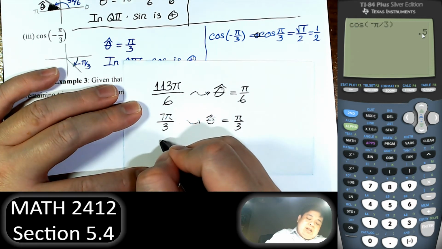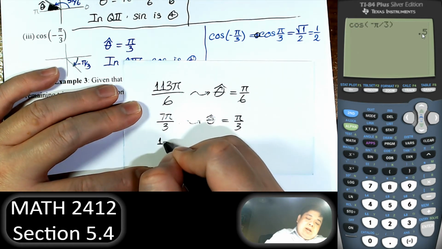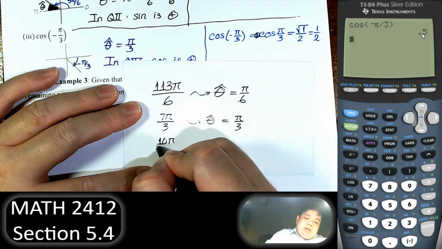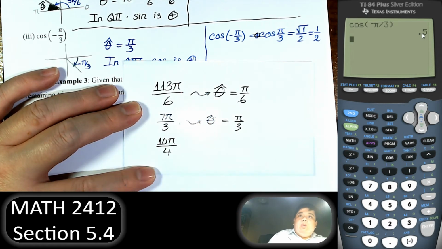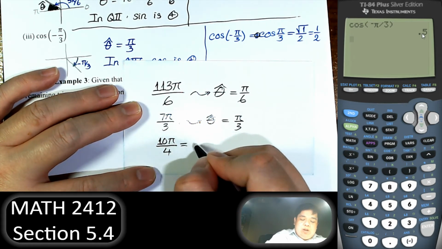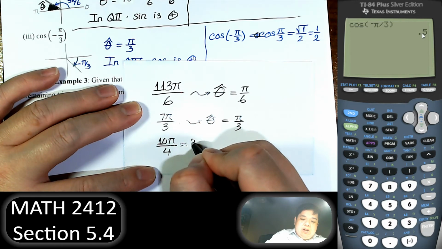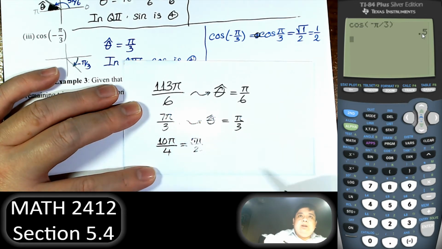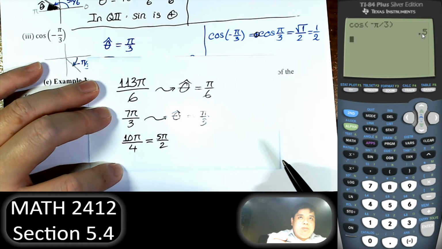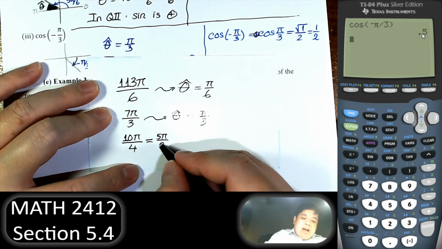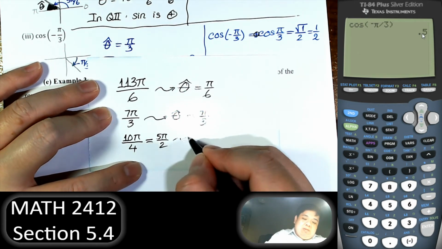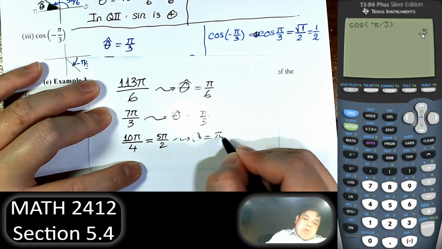If you have like 10 pi over 4, well, that's not it, right? We have to reduce. In that case, the reference angle will be pi over 2.